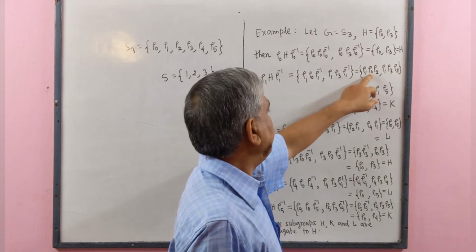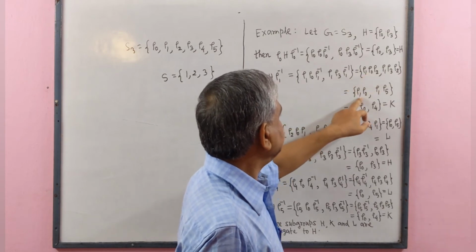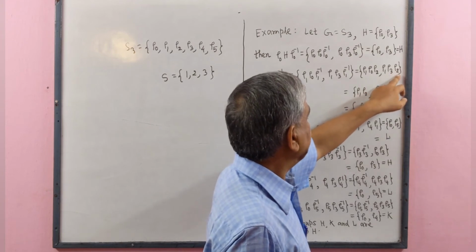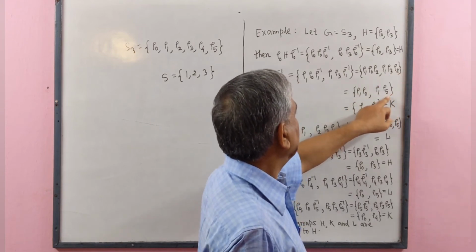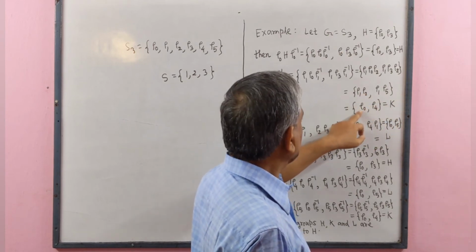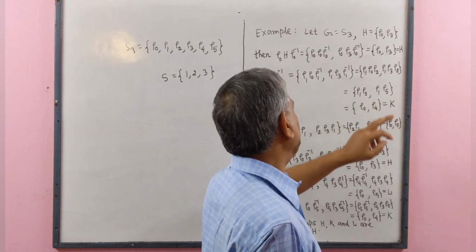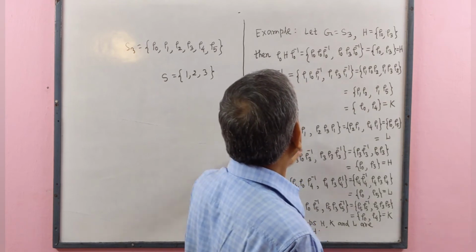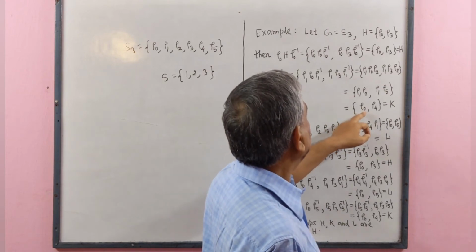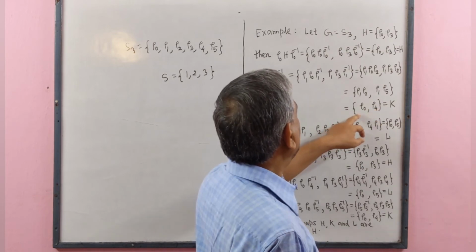This is the identity permutation ρ0. So here we will get ρ1 ρ2, and ρ3 ρ2 by composition gives ρ5, and ρ1 ρ2 is ρ0, and ρ1 ρ5 is equal to ρ4. Therefore, the conjugate of H with respect to element ρ1 is a set containing elements ρ0 and ρ4. Let the name of this set be K.